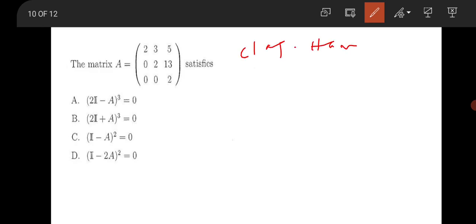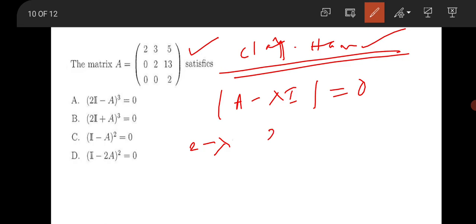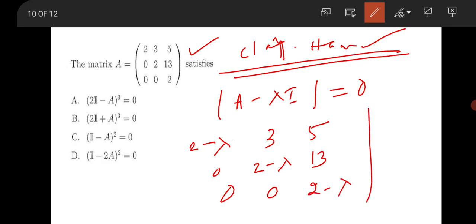the Cayley-Hamilton theorem. And as I already mentioned, this Cayley-Hamilton theorem is very important. As per this theorem, a matrix should obey its own characteristic equation, that is |A minus lambda I| equal to 0. So if you apply this here, it will be the determinant of 2 minus lambda, 3, 5; 0, 2 minus lambda, 13; 0, 0, 2 minus lambda, equal to 0.